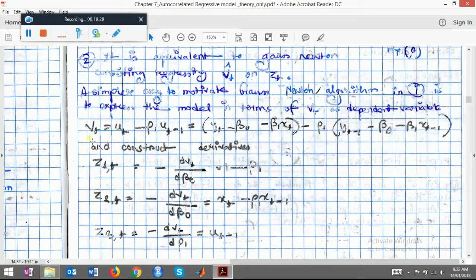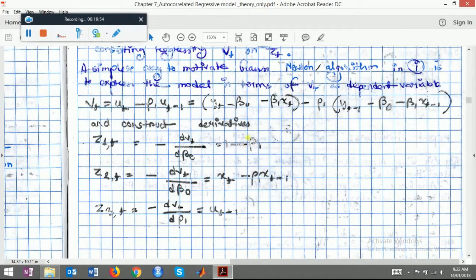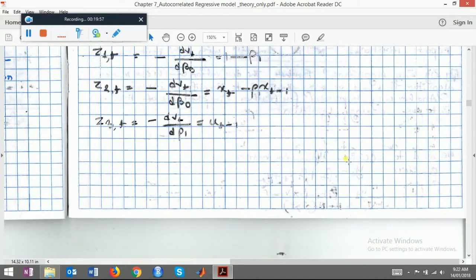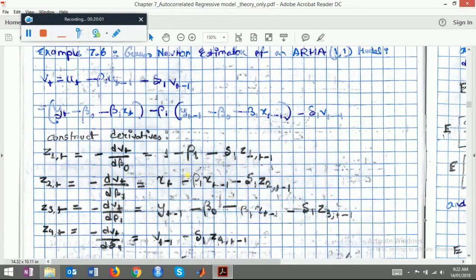So first Vt equals Ut minus rho 1 Ut minus 1. Now you know Ut is the regression, which is this and the lag of this, and then the derivatives, we know the elements of the derivatives. So beta naught, beta 1, rho 1. This is mistaken, this is beta 1. So 1 minus rho 1, xt minus rho 1 xt minus 1, and Ut minus 1. Very simple. See, this is exactly the same as what we did before. Okay, fine. Now move on.